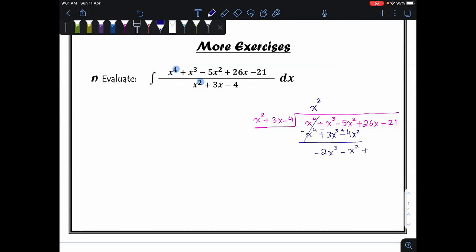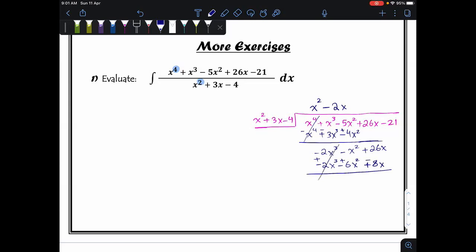We can drop down now plus 26x. We need here negative 2x, so that multiplying gives the same thing, negative 2x cubed. So we have negative 2x cubed and negative 6x squared, and then minus 8, which becomes positive 8x after changing the signs.